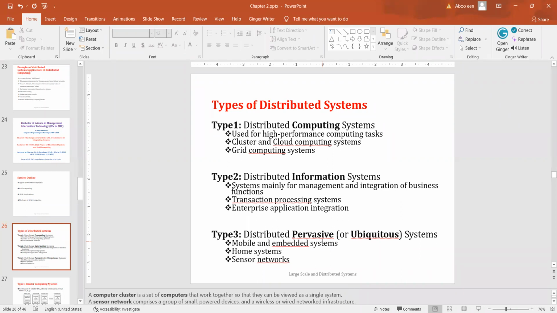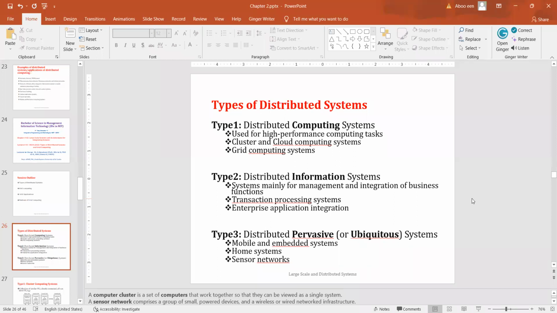Then how about type 3? Actually, type 3 is for smart devices, embedded devices, and the sensor network.